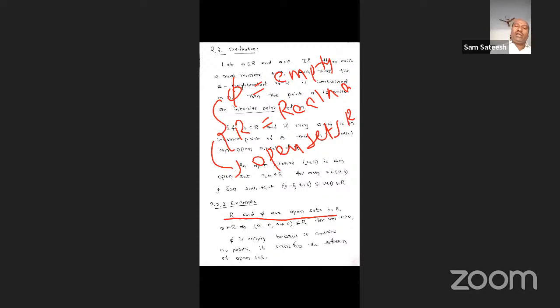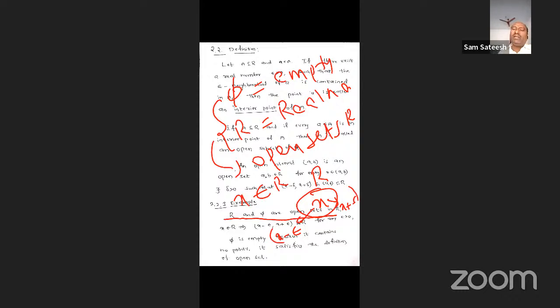Suppose you take a number x belonging to R. Then x is an interior point. It has a left neighborhood x minus epsilon and a right neighborhood x plus epsilon, which form an open interval, because it is an interior point.